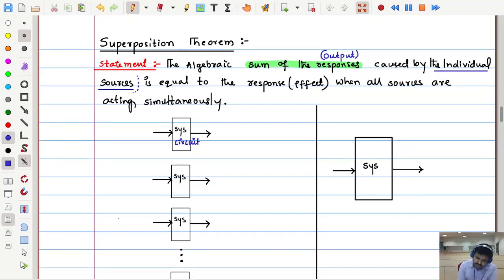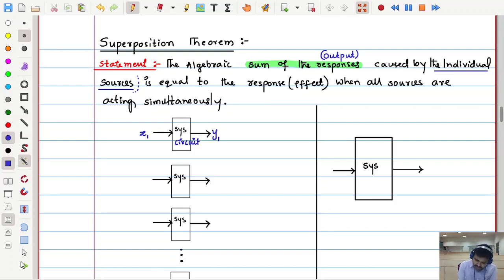For this circuit, I would like to give some input. Let us say the input is some voltage source. Usually I will represent the input as X. If I give some voltage source X1 as the input to this circuit, it produces some output. That output may be some resistor voltage. That output I will call Y1.